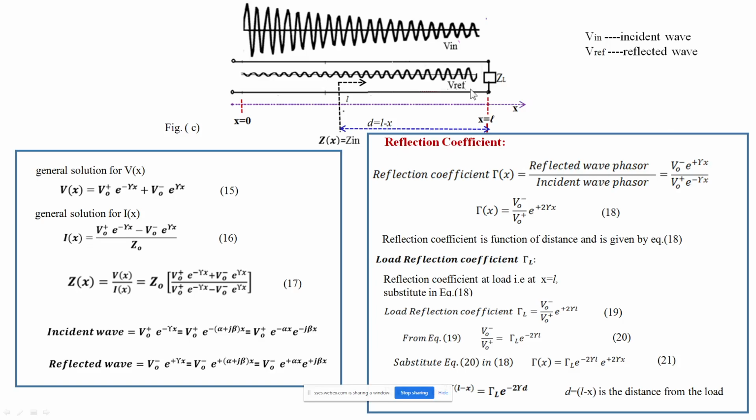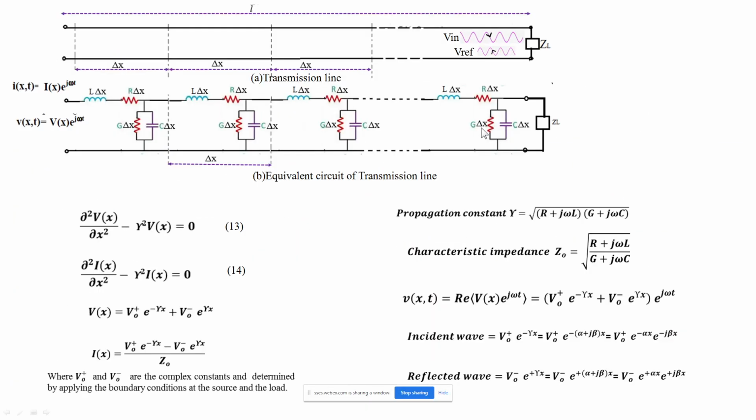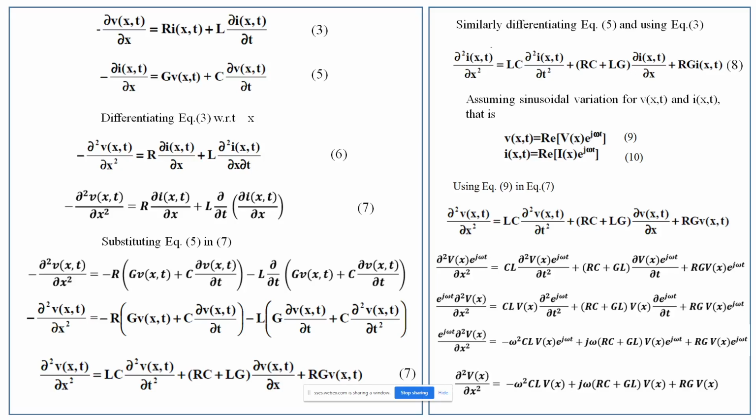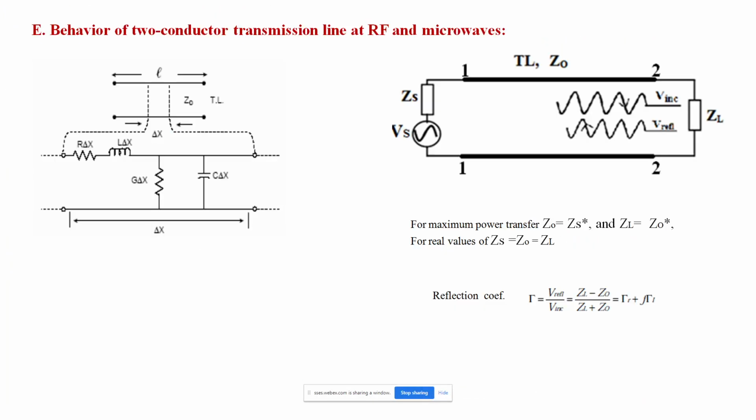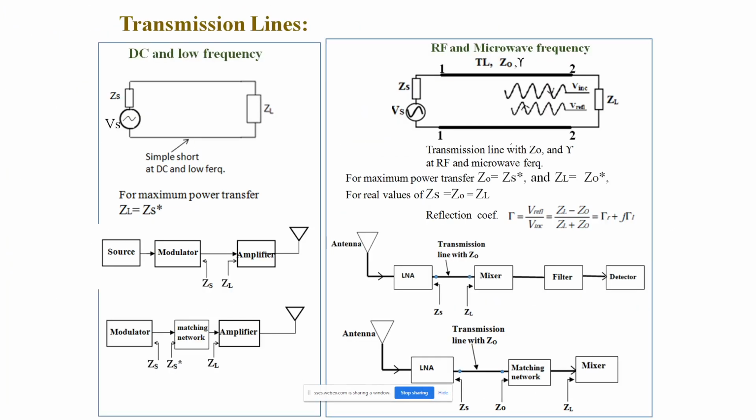So while doing any applications, if we do not consider this reflected wave, automatically we will be getting lesser power delivered to the load. Okay, so for example, in these applications, most of the time, if we do not consider this transmission line problem, whether it is matched with the input impedance of this mixer, that is a load here for example.